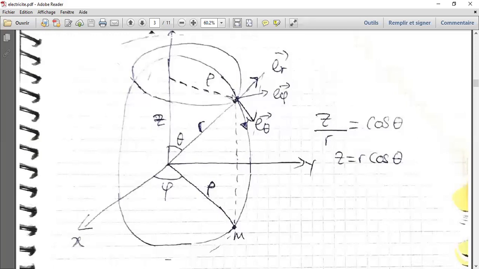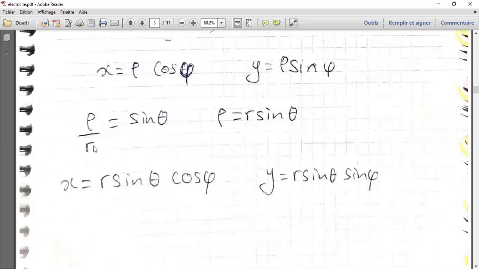So for you to express rho in terms of r sin theta, you know that your rho is your opposite, which we have said here, and your r is your hypotenuse. So when you do your cross multiplication, you find that your rho is equal to r sin theta.